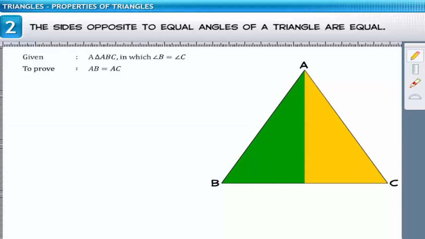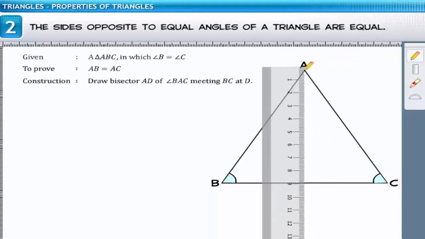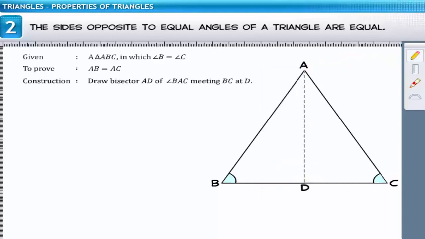Then using CPCT, which implies that corresponding sides are equal, we'll prove the converse theorem. Let's draw bisector AD of angle BAC meeting BC at D. Thus, two triangles ABD and ACD are obtained.